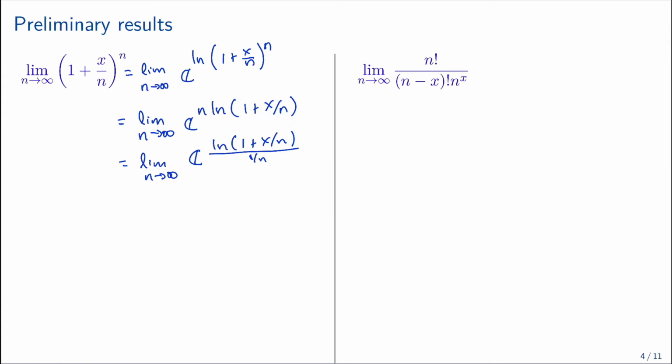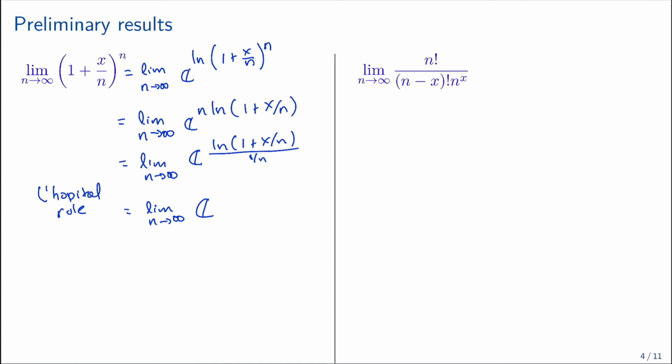Now, if I want to apply the limit at this point, 1 over n is undefined, so I cannot apply the limit at this point. So the usual trick is to apply L'Hopital's rule. What we do is we differentiate numerator and denominator. The derivative of the numerator is the derivative of a natural log of something multiplied by the internal derivative.